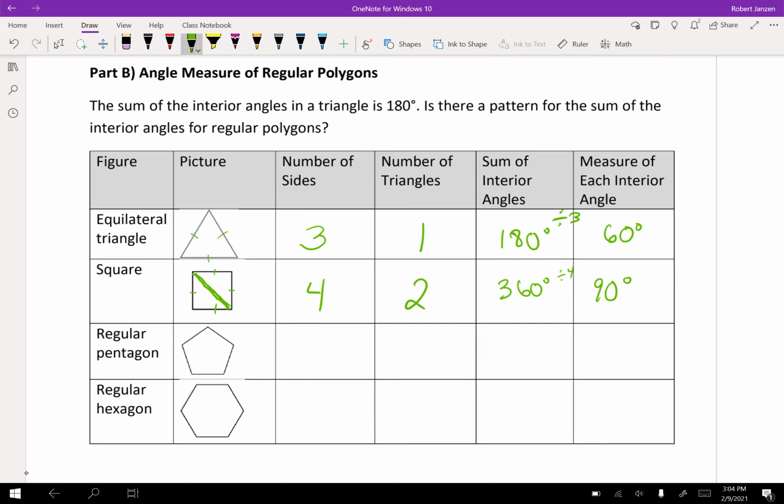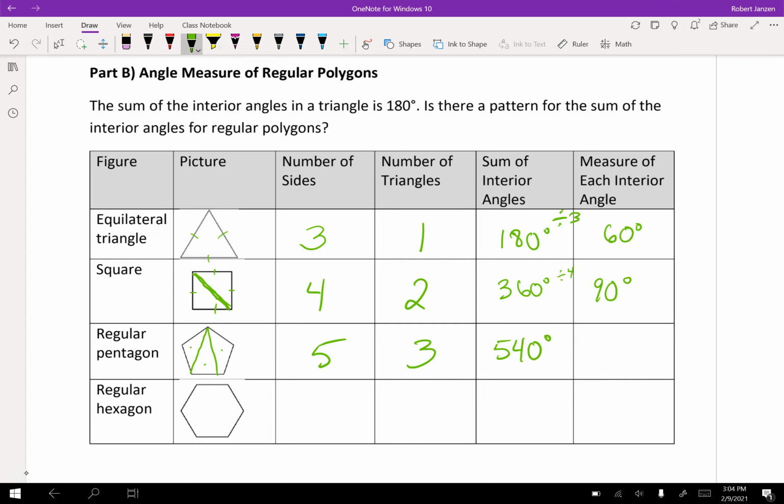Okay? Let's look at the pentagon. There are 5 sides. How many triangles are there? Well, I want to divide this into some triangles. So I'm going to put 1 there. This here is not a triangle yet, so I'm going to put it there. I now have 3 triangles. So if I go 3 times 180, I get 540 degrees.